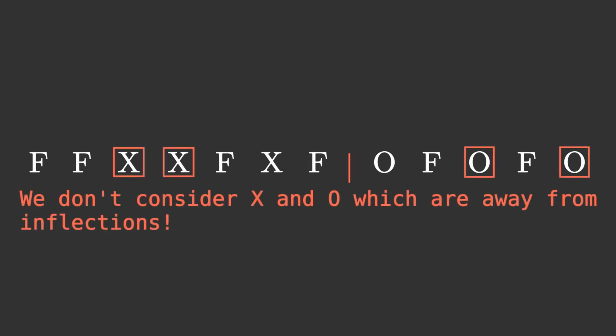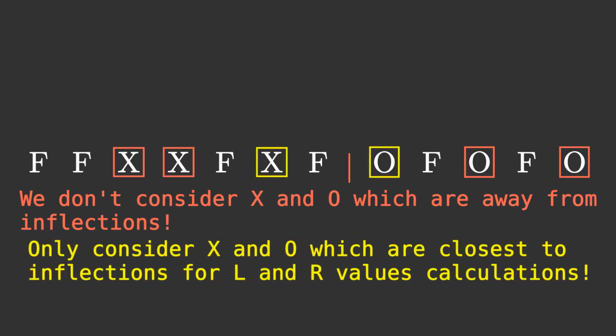Now let's see what happens near inflection points. In this example, I have marked the inflection point with red color. We don't consider X's and O's which are away from the inflection points, because they do not directly contribute to the inflection and the switches. All the red marked X's do not contribute to any switch since there is already an X to the right of them.